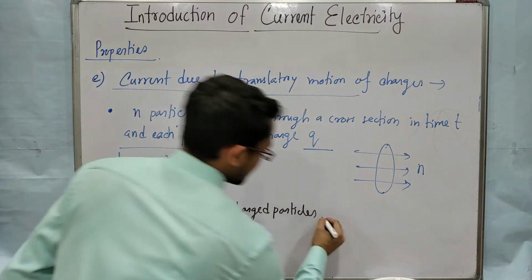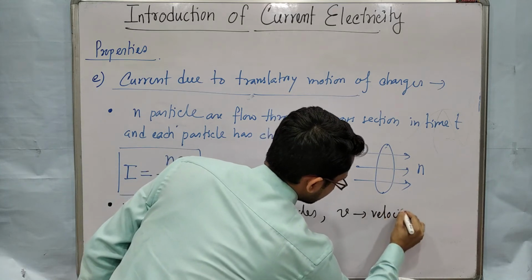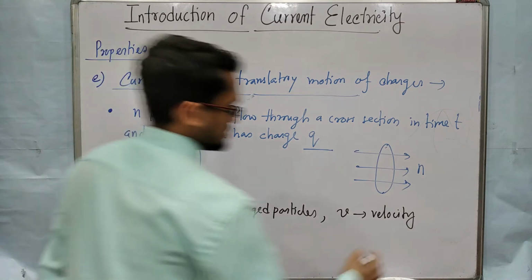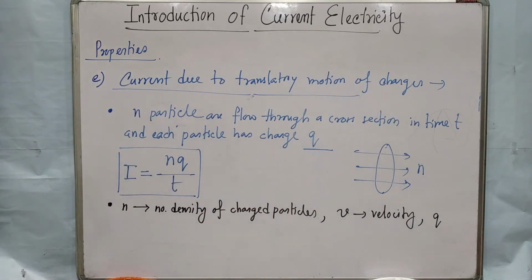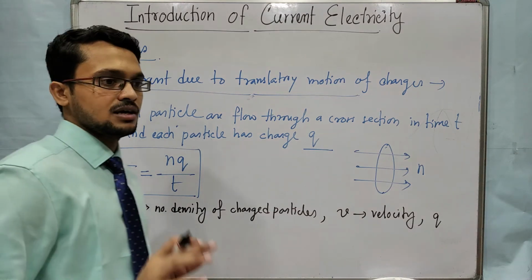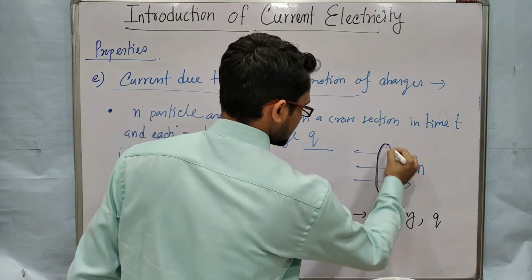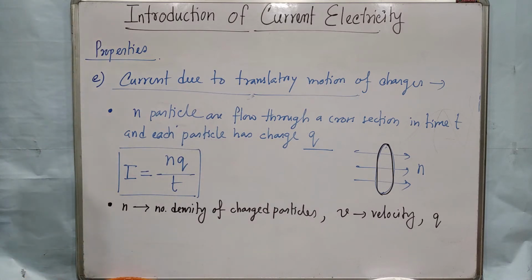Their velocity is v, so each charge has velocity v, and each particle has charge q. These charges are flowing through a cross sectional area. Again I am taking this cross sectional area. Then what will be the amount of current?